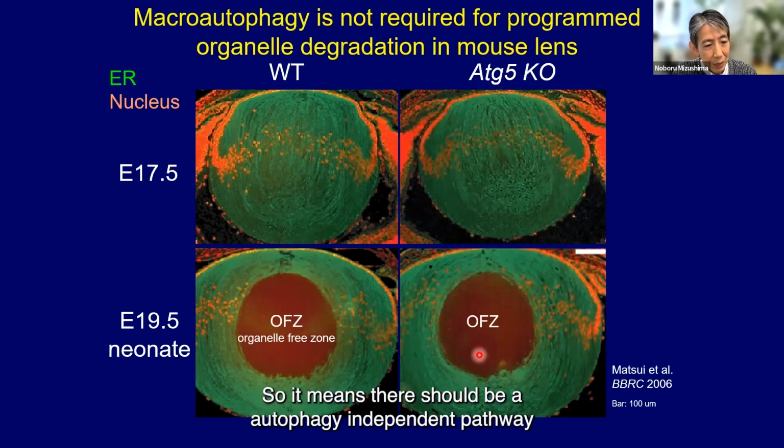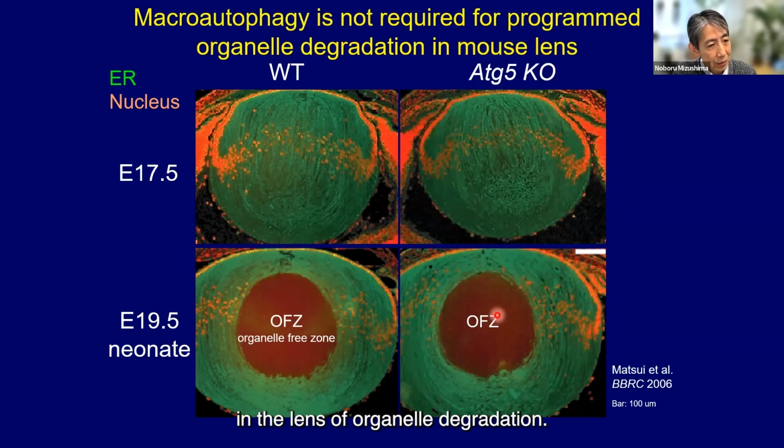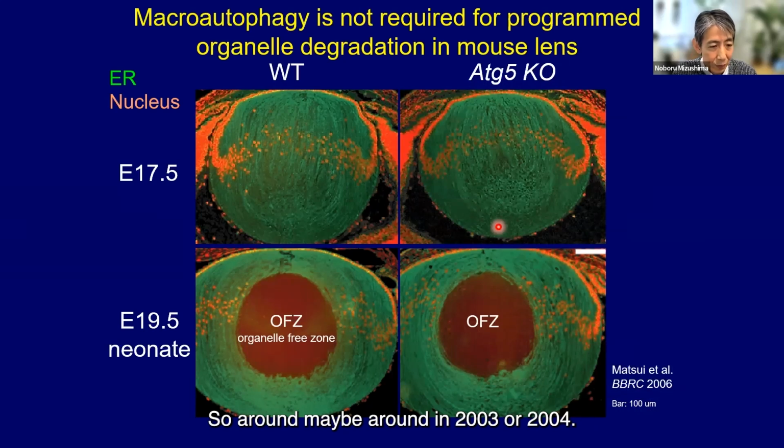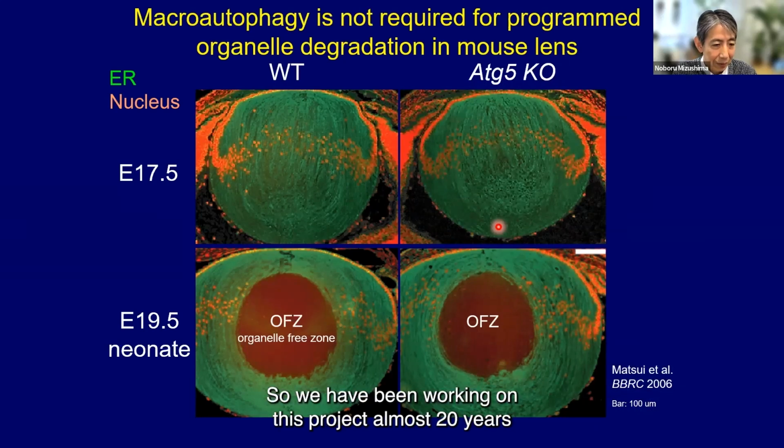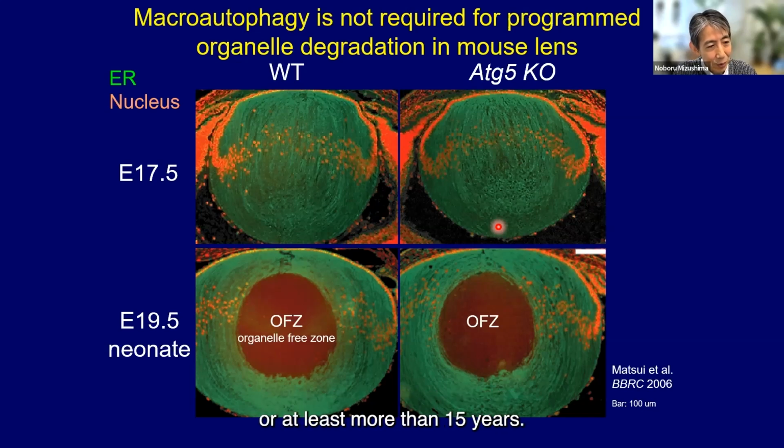So there should be an autophagy-independent pathway in lens organelle degradation. We realized this finding way before the publication of this paper, maybe around 2003 or 2004. So we have been working on this project almost 20 years, or at least more than 15 years.